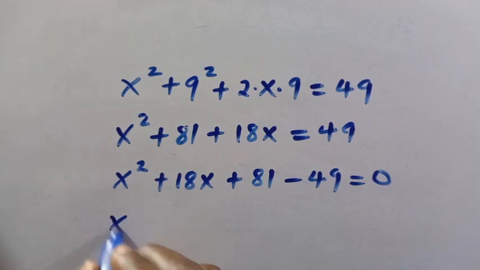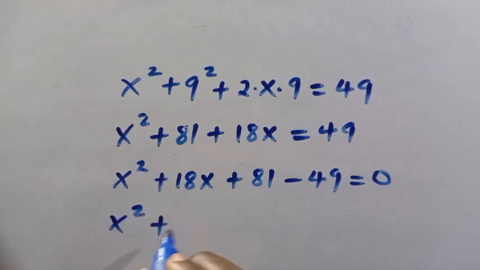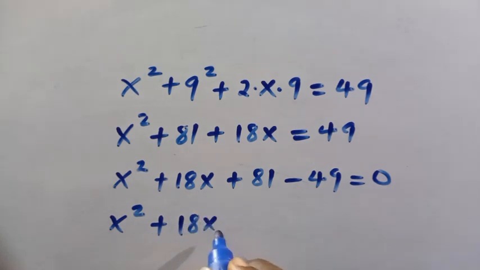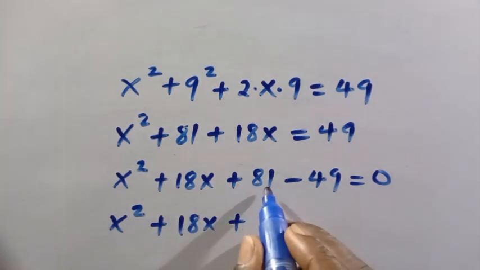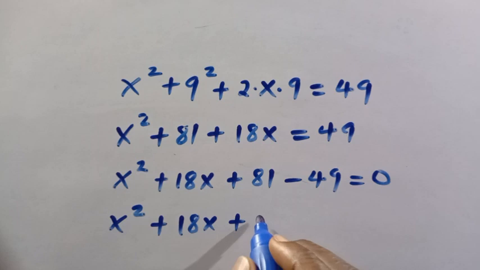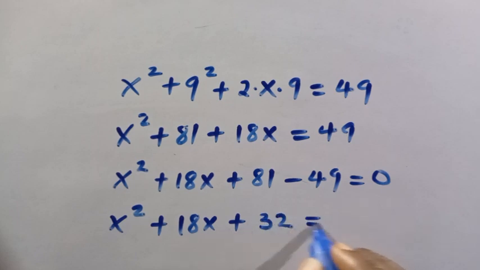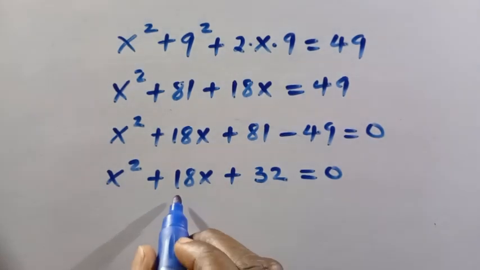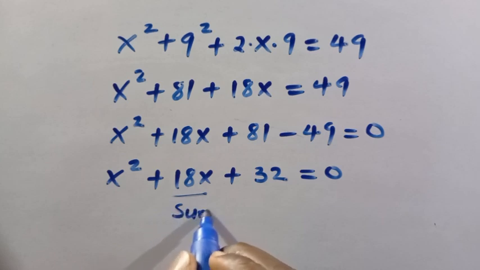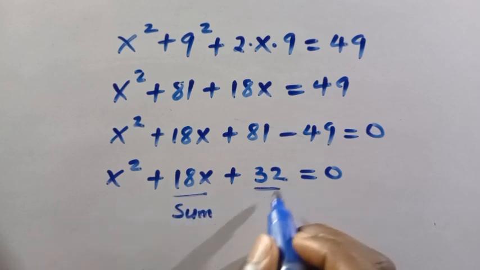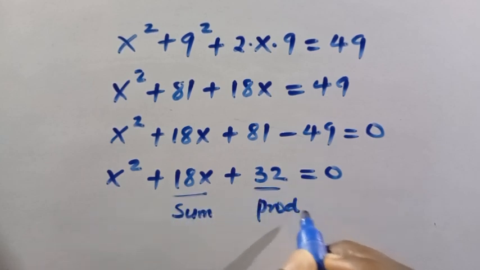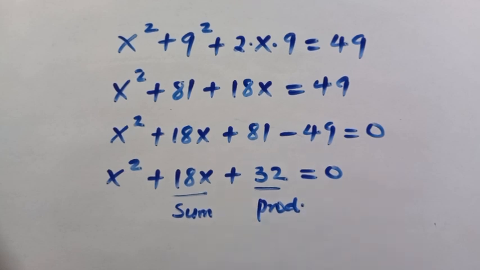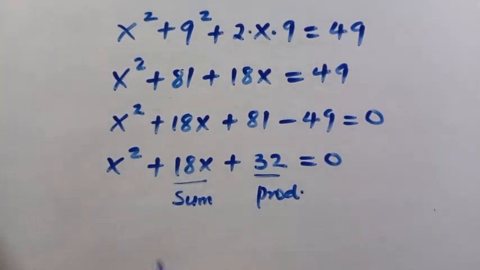So with this, we have x^2 + 18x + 32, since 81 minus 49 is 32, equals 0. So we have this as a quadratic equation. Here we consider this as the sum, and here we consider it as the product. So I think this is factorizable.